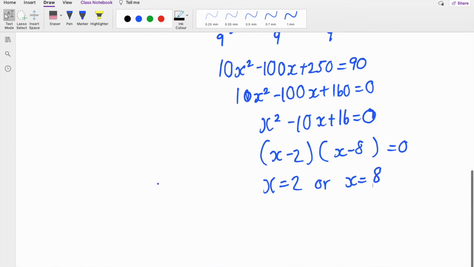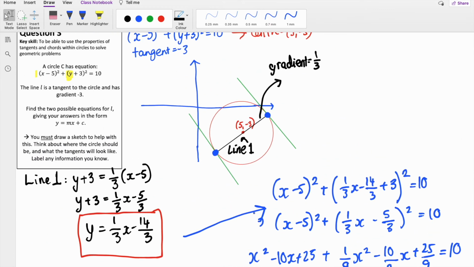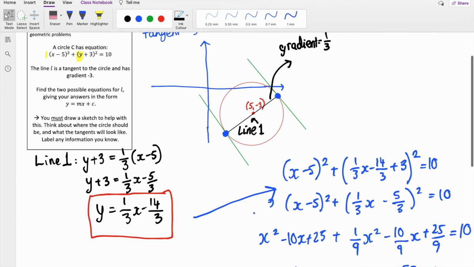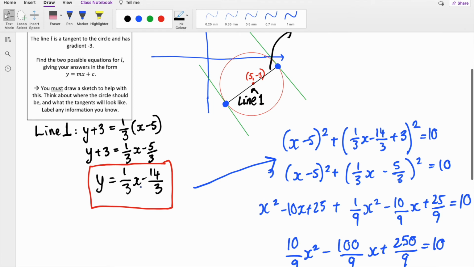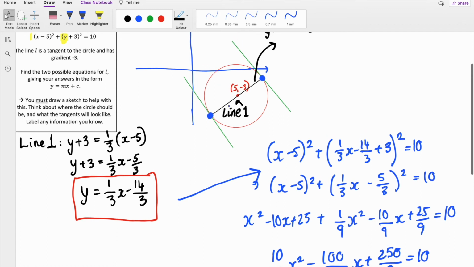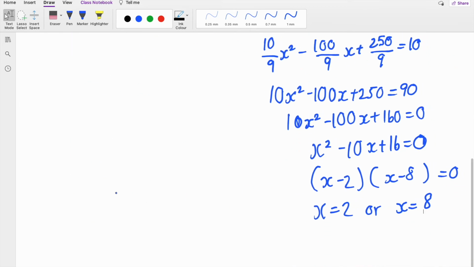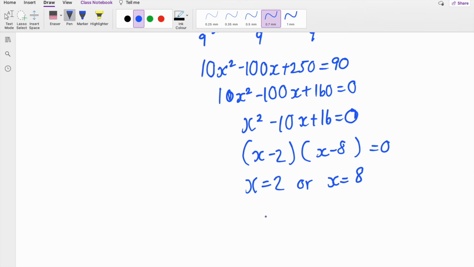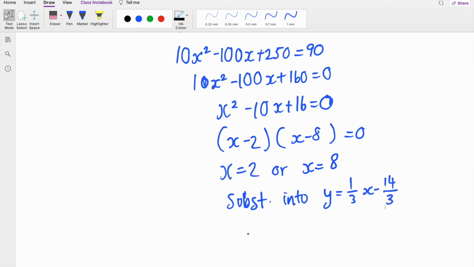So I'm going to substitute these both into the equation of this line, which passes through the points of intersection, so I can get the relevant y coordinate: y equals 1/3 x minus 14 over 3. Let's see what the corresponding y values are.